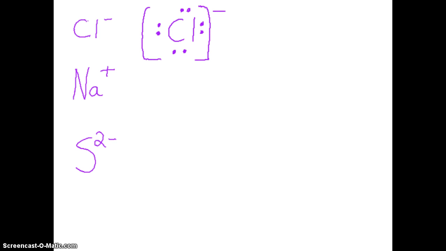All right? So what about sodium? Sodium is in the first column, so I give it 1 valence electron. But according to this, it has a positive charge, so it loses 1 electron. So I'm going to have to get rid of this electron, right?